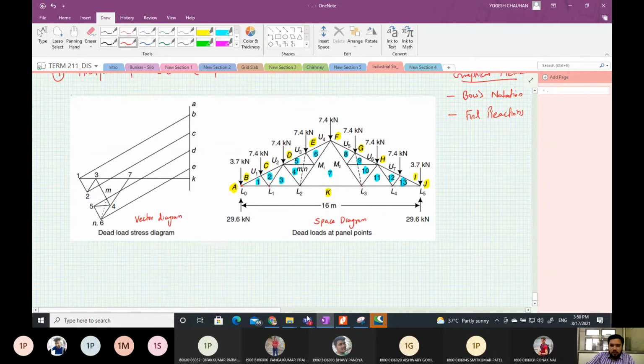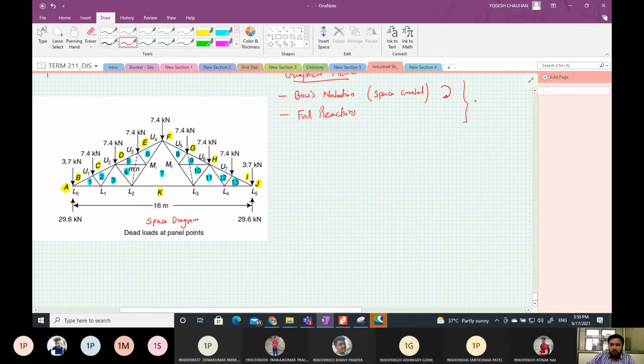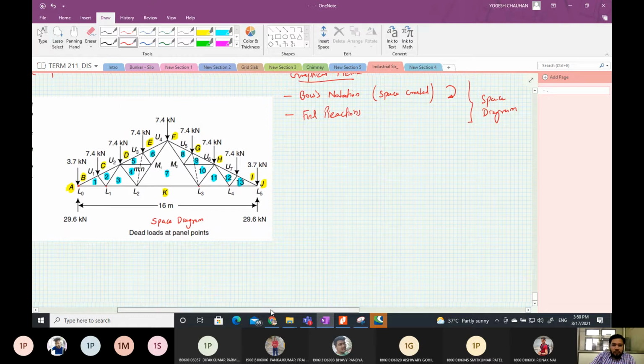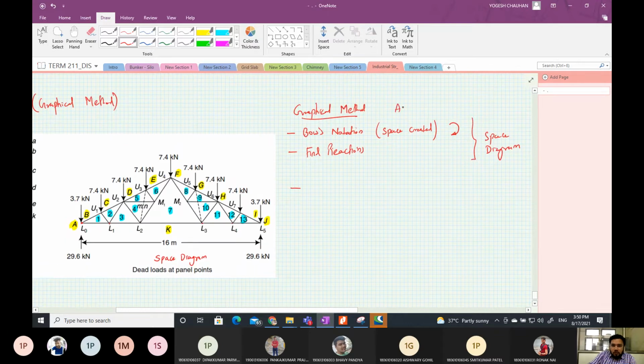You assume some scale. Okay. So from this you draw the space diagram. Next we draw the vector diagram. So to draw the vector diagram, here you have to assume some scale.